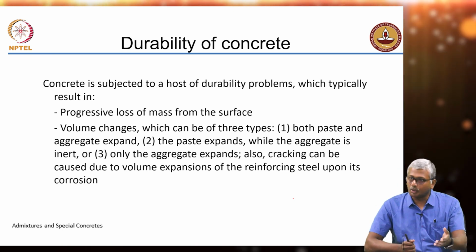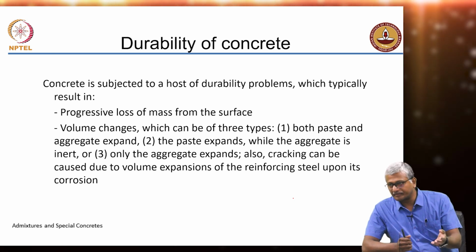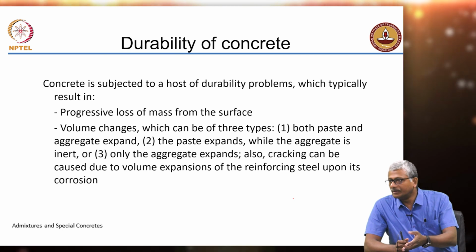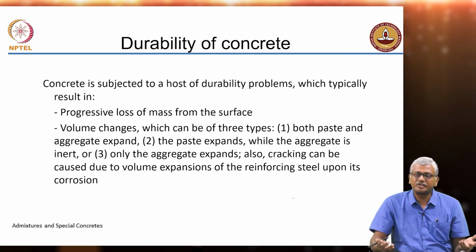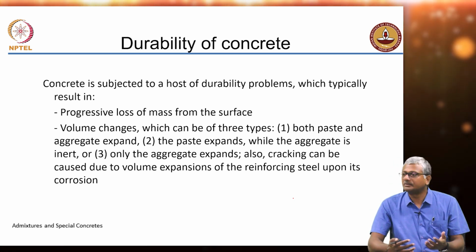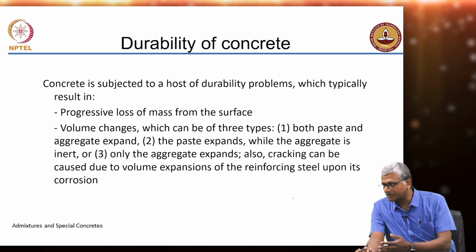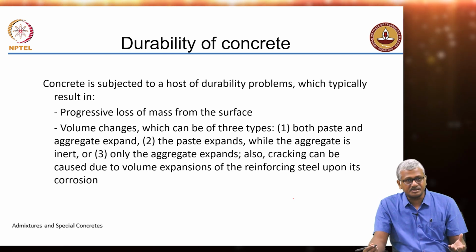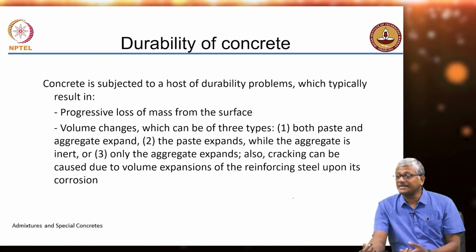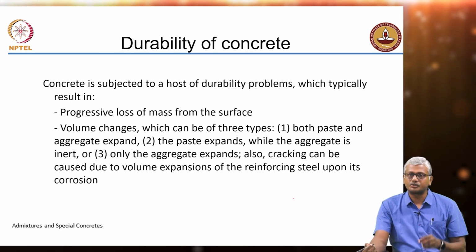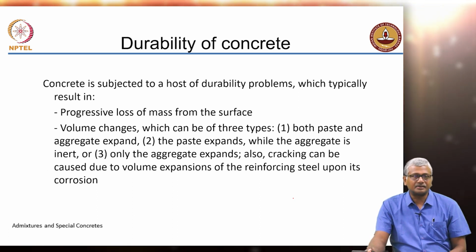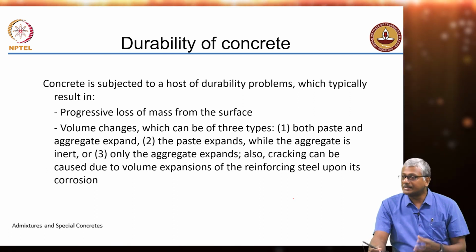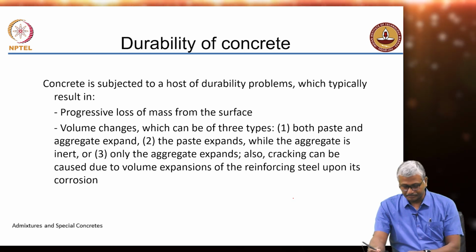Now, of course, volume change also happens in creep and shrinkage, but we do not consider that to be a durability issue. Truly speaking, everything happens together, but durability is taken as the effect of the environment. And here, volume change can either change the volume of the paste or the aggregate or the steel. In corrosion, steel volume also changes, but that leads to cracking in the concrete. So, all of these have to be assessed separately and designed against.